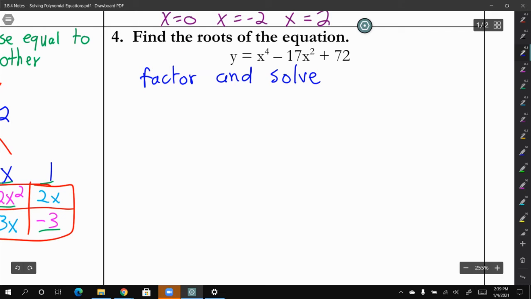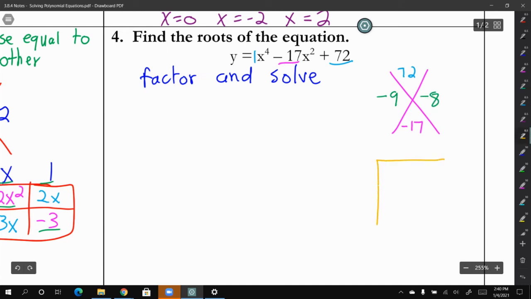And since we have an x to the 4th and an x squared and then no x, that's going to tell us we're going to do X box again, where negative 17 goes down at the bottom, and 1 times 72, which equals 72, goes on the top. So two numbers that multiply to positive 72, but add up to negative 17, well, that's going to be negative 9 and negative 8.